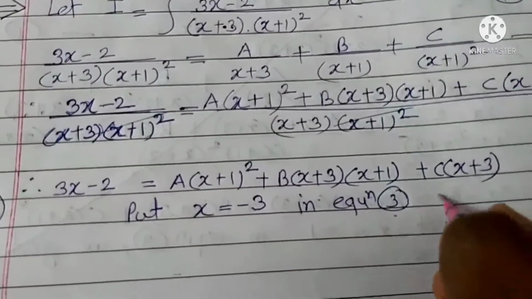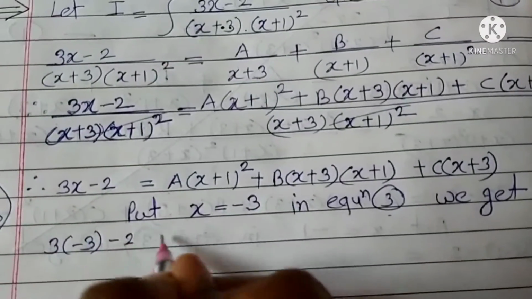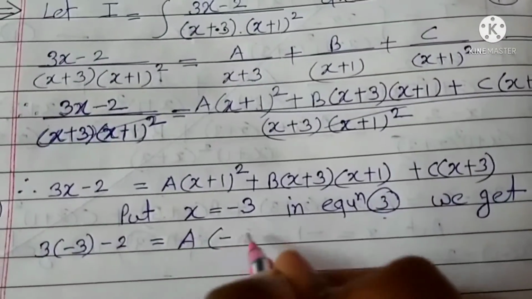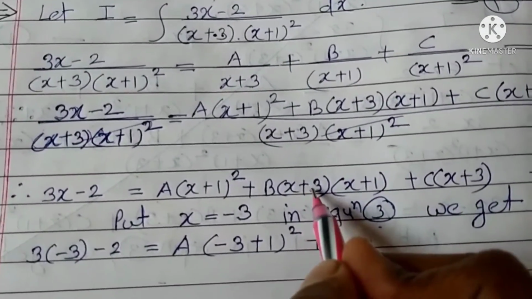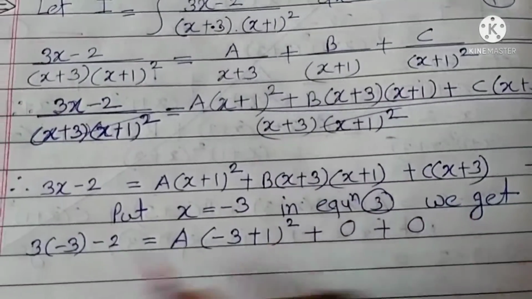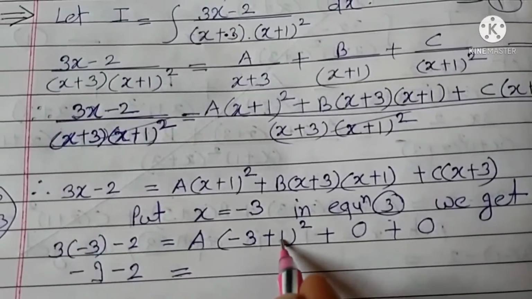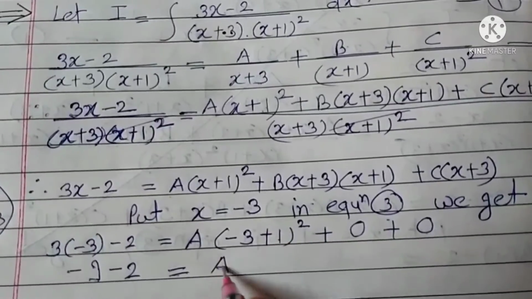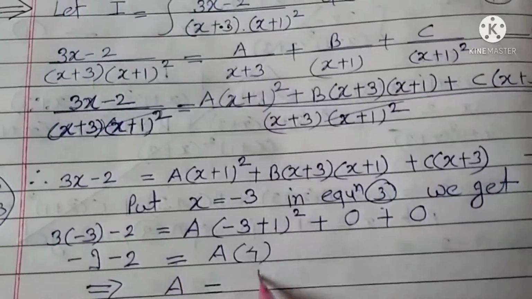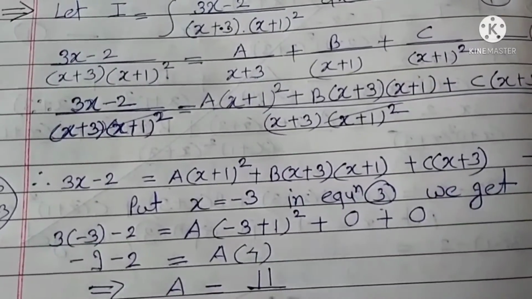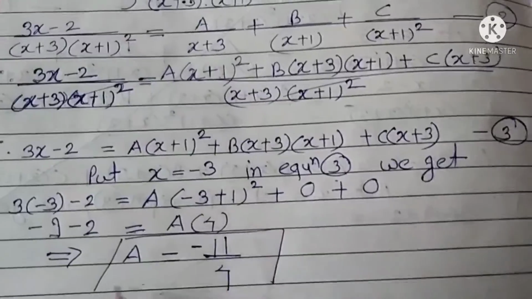We get 3 into minus 3 minus 2 equal to a into minus 3 plus 1 square plus, if we put minus 3 here, then minus 3 plus 3 becomes 0, so the other terms are 0. So 3 into 3 is 9, minus 2, is equal to a into minus 3 plus 1, minus 2 whole square, so it is 4. And this implies that a is equal to 11 upon 4. Sorry, it is minus 11 upon 4. So this is our first unknown.